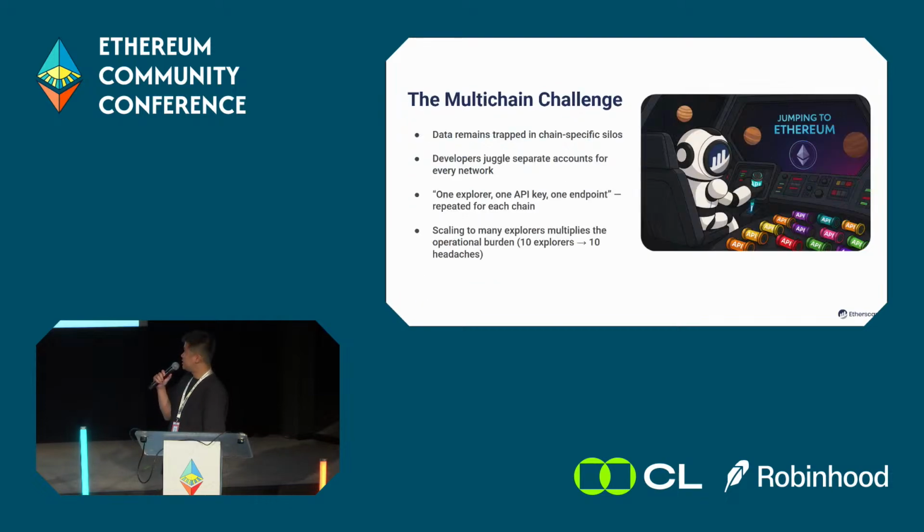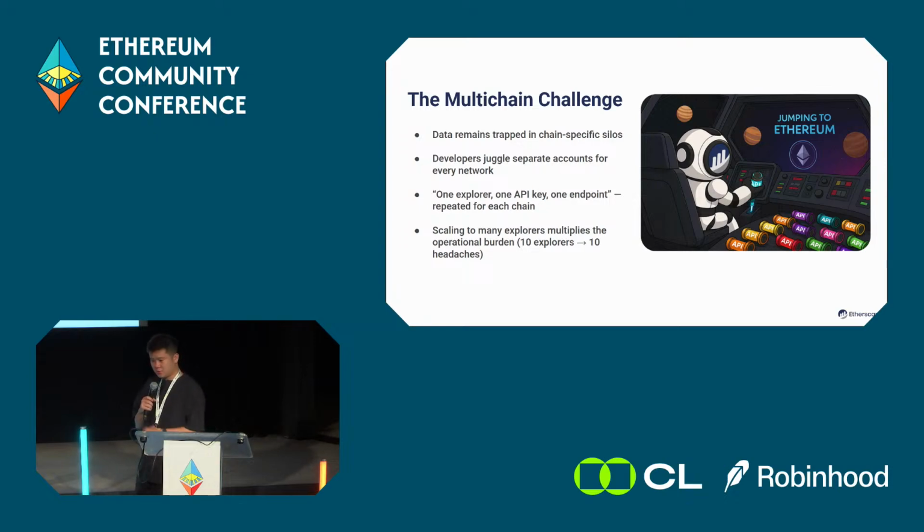So the challenge that we usually have is that the data is trapped in chain-specific silos. They are in individual explorers, and whenever an explorer spins up, developers will have to create an account and create an API key, and they have to juggle many other networks that we have, and it's kind of annoying.